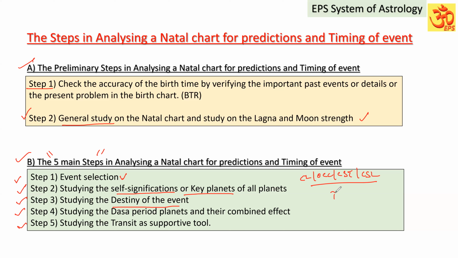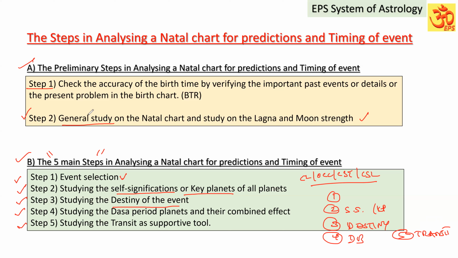So first one is the event. Second one is the self-signification of the planet, that is key planet. And third one is we have to check the destiny, because destiny is fixing the limit, and we have to check the Dasa Bhukti periods, and finally we have to check the transit as a support. These are the steps we have to follow one by one.